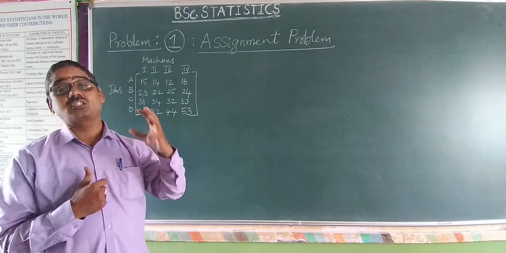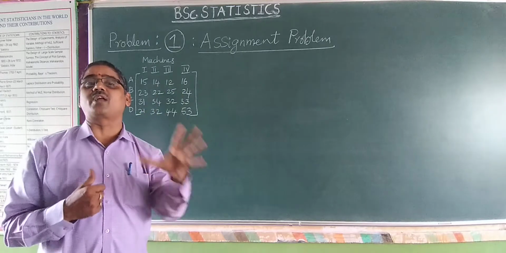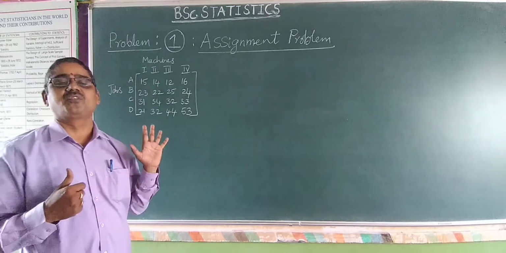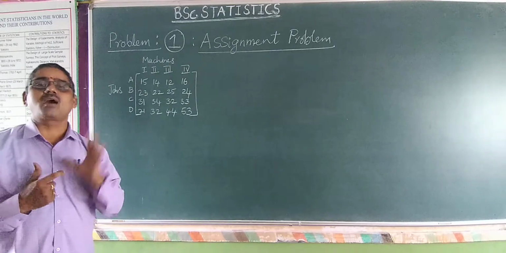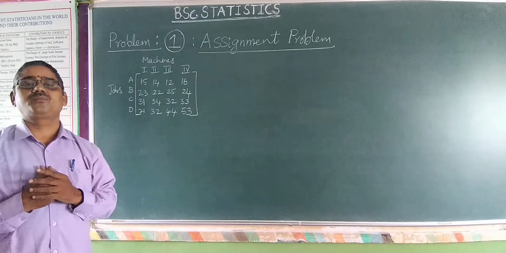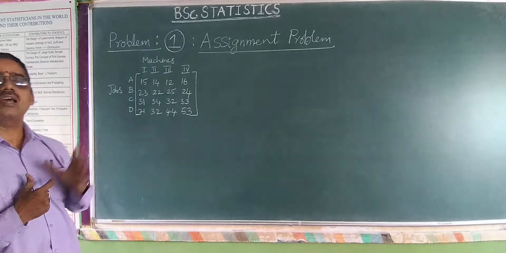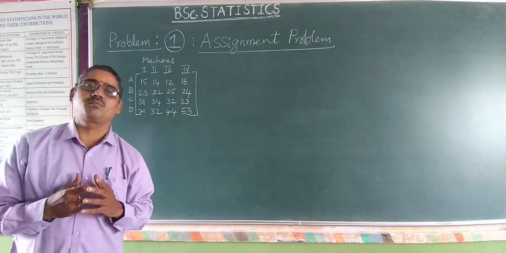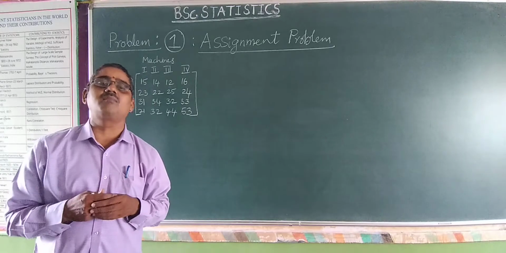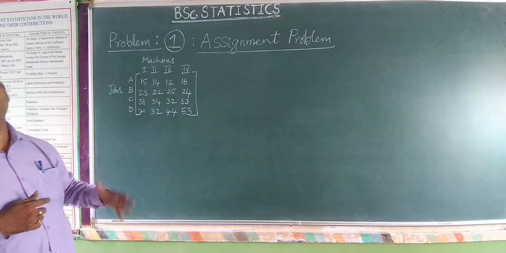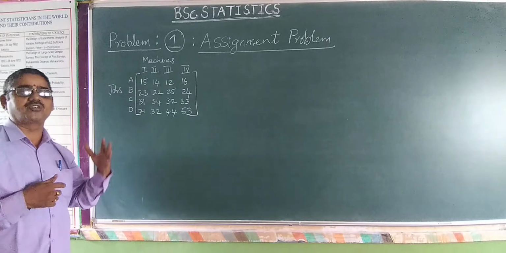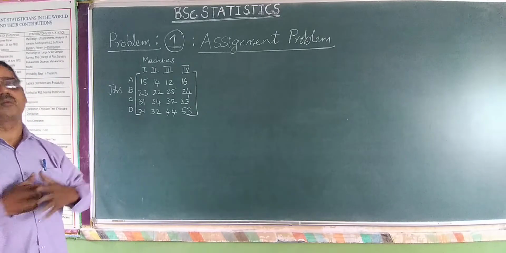Such an assignment schedule is going to be obtained by the Hungarian method. One such method to solve the assignment problem is called the Hungarian method. By the Hungarian method I am explaining this procedure and solving this particular problem.